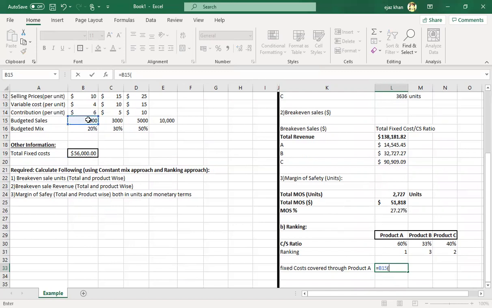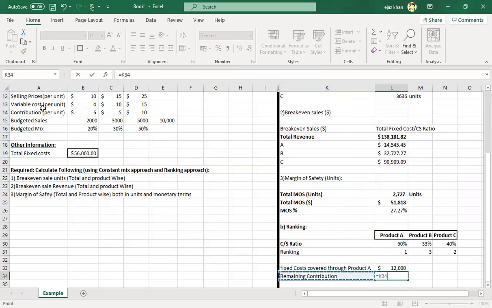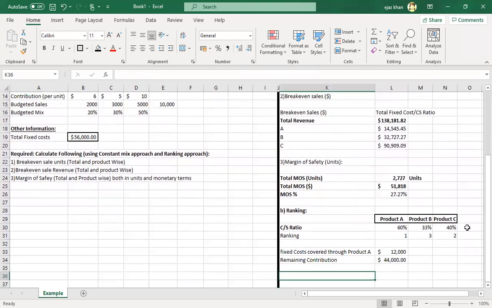And from 2,000 units, we can only generate a contribution of $12,000. So now let's move towards the remaining contribution. 56,000 was the total fixed cost, and the remaining fixed cost will be 56,000 minus 12,000. We still have to cover 44,000 of fixed cost, and that we will try to cover using product C.